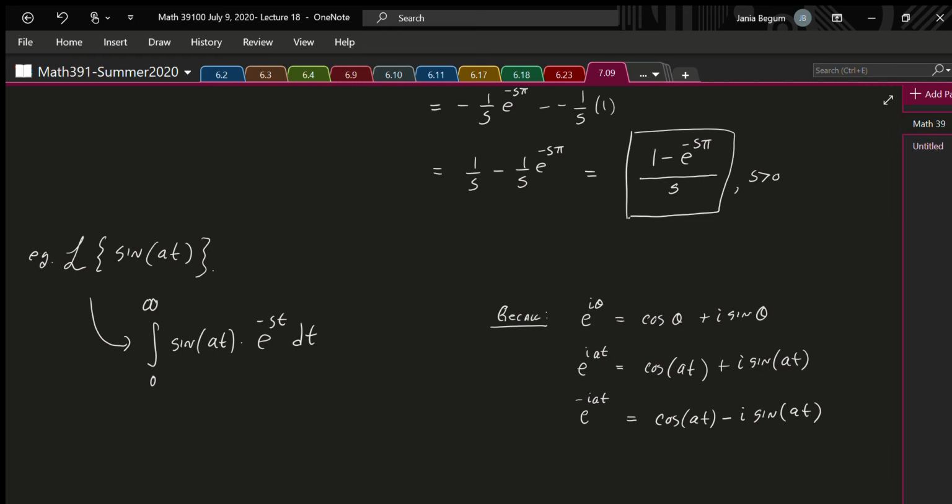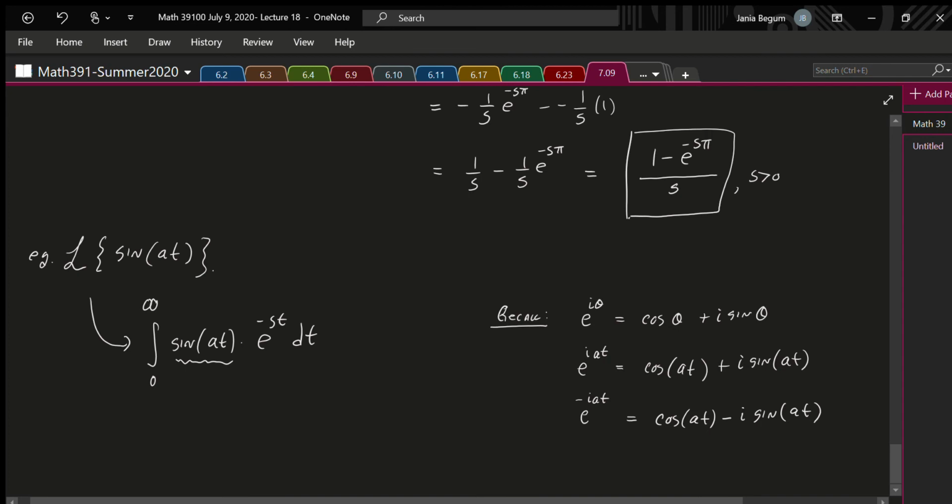Now, what do we want? We want this piece, right? We want to solve for that. So I'm going to add these up, or actually, hold on. Let me think for a second. I'm going to subtract them. You'll see why. I'm doing the first minus the second.